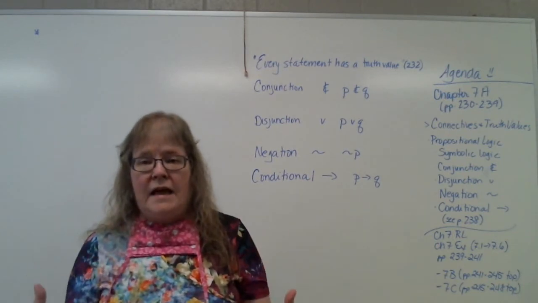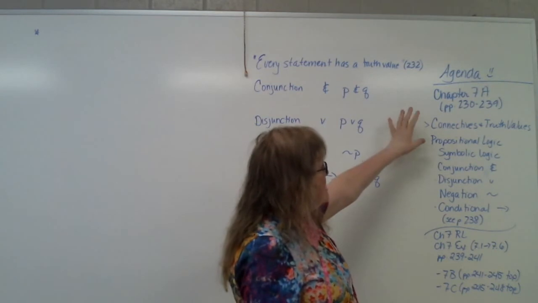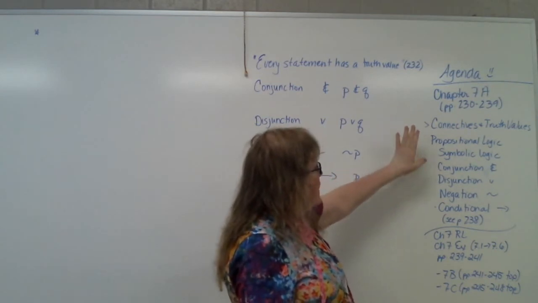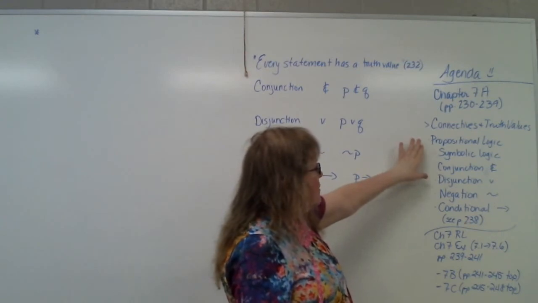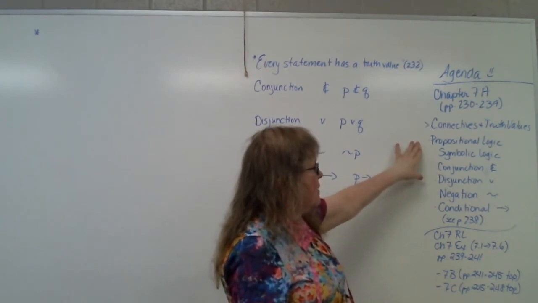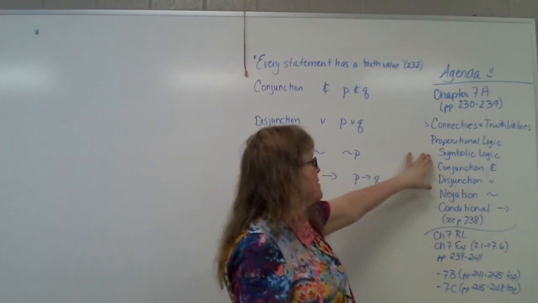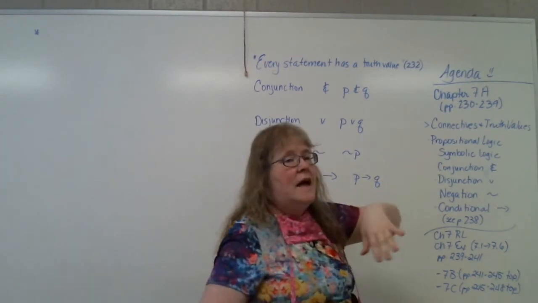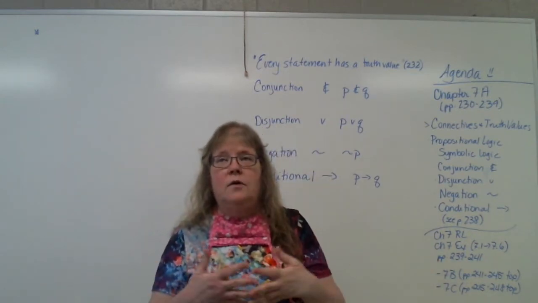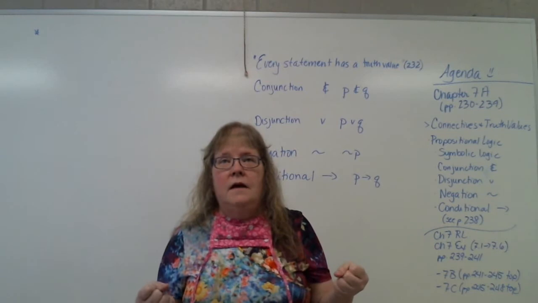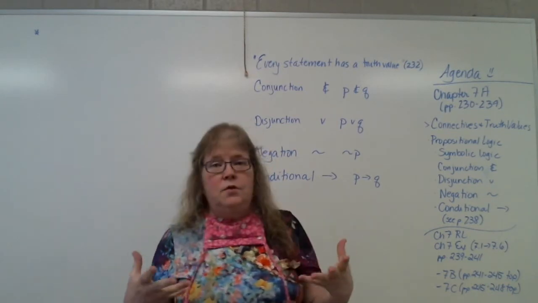So 7A is about 9 or 10 pages, and we're going to talk about connectives and truth values. Propositional logic is the title of the chapter. A little bit about how we also use symbols and symbolic logic. If you look up symbolic logic somewhere like Wikipedia or the Internet Encyclopedia of Philosophy, it's a huge thing.